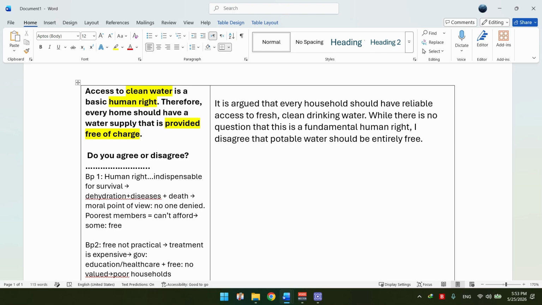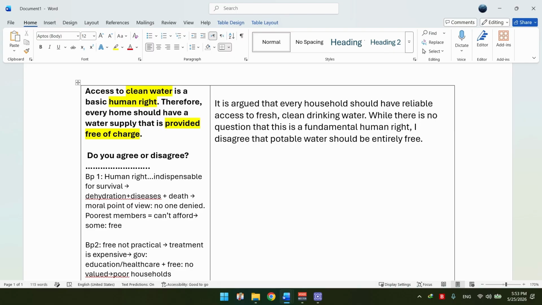So basically, this is my position. I'm going to be talking about how yes, we need to provide accessible water for everyone, and then I'm going to talk about why it is not practical. This is basically going to be my essay.